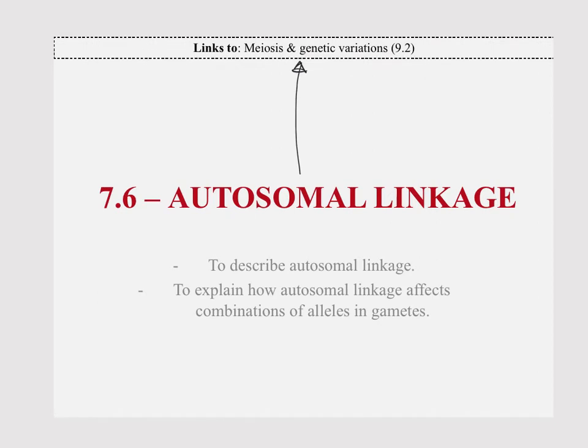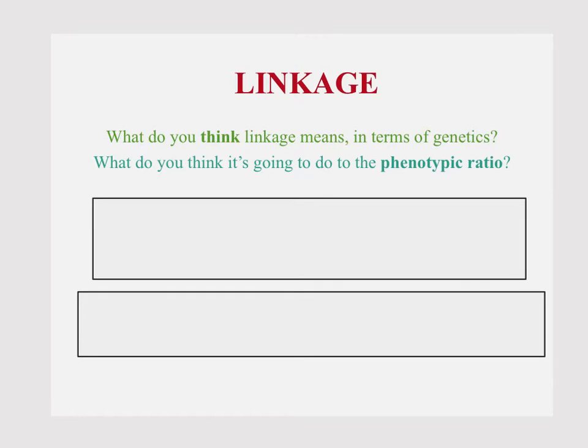So let's get started. To begin with, we're going to think about what these keywords actually mean. So what do you think linkage means in terms of genetics? You might want to just think of the word linkage by itself. And then what do you think it's going to do to the phenotypic ratio of our offspring?